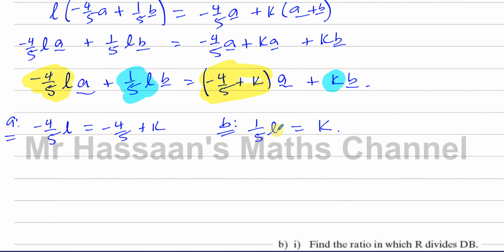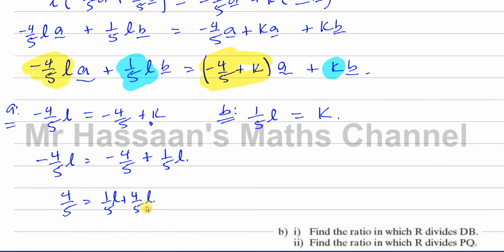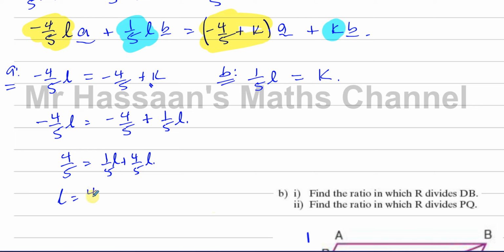If I know K is 1/5 L, I can replace this K with 1/5 L. So I'll have minus 4/5 L equals minus 4/5 plus 1/5 L. If I add 4/5 to both sides, and add 4/5 L to both sides, I have 1/5 L plus 4/5 L, which is 1 L. So I have L equals 4/5. And if L equals 4/5, then K is 1/5 times L, which is 4/25. So I have K equals 4/25.